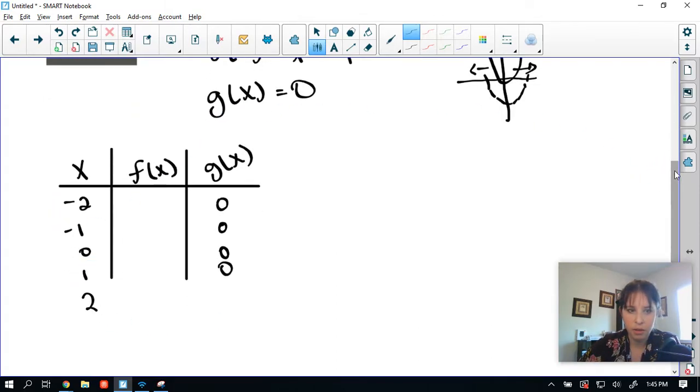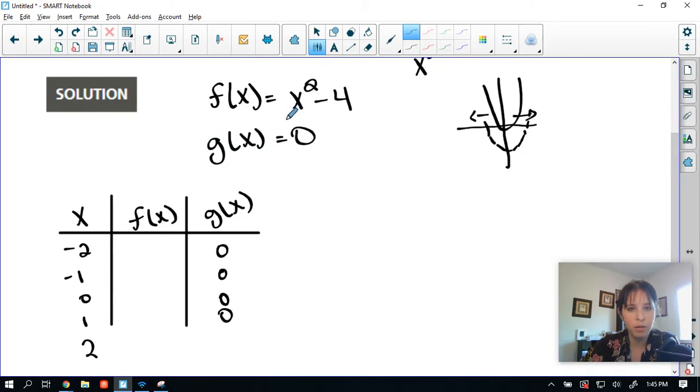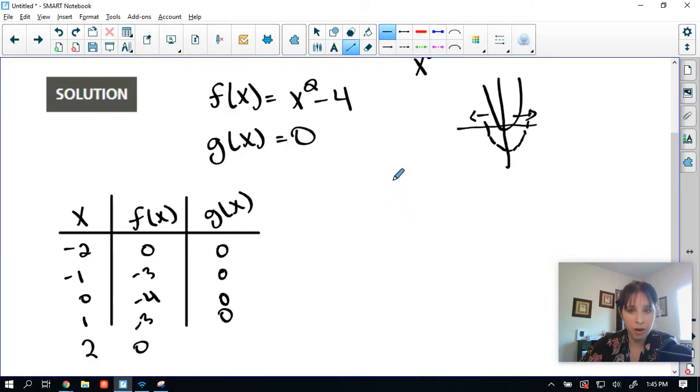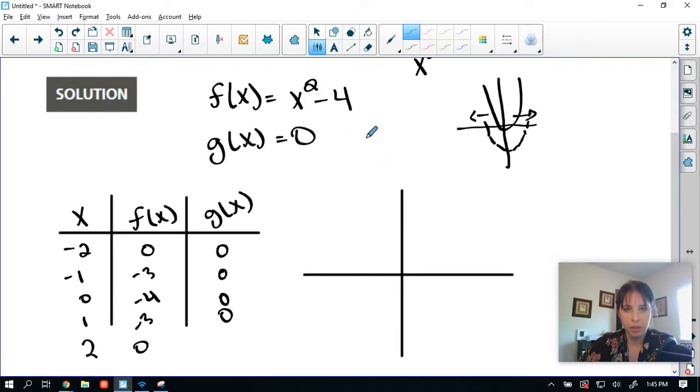So that's what I'm thinking in my head while I was trying to decide my values. And then again, we'll plug this in. -2 squared is 4. 4 minus 4 is 0. -1 squared is 1. 1 minus 4 is -3. This should be -4, -3, and 0. Yeah. And so what we'd be looking at graphically by hand, and I'm just doing this quick one by hand. We're going to go over to Desmos because it's a little bit easier to read. But I just kind of want you guys to see.